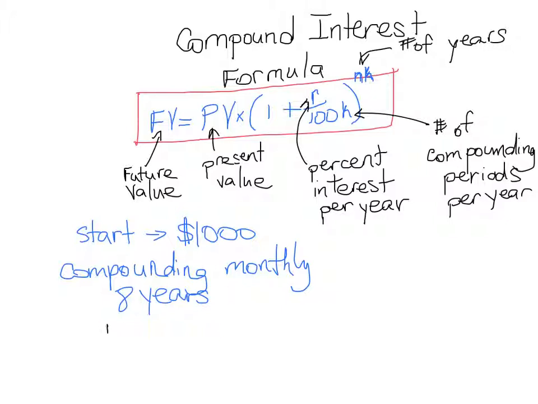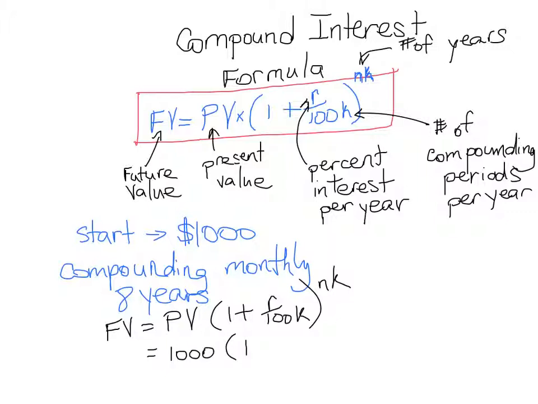So FV, and I'm going to rewrite the formula here, equals PV times (1 plus R over 100K) raised to the NK. We don't know what the future value is. That's what we're trying to find out. The present value, which you have in your pocket at the start, is $1,000. So that goes there. Times 1 plus R, the percent per year. I didn't tell you what that would be, so sorry.